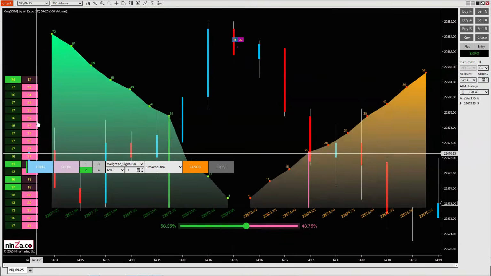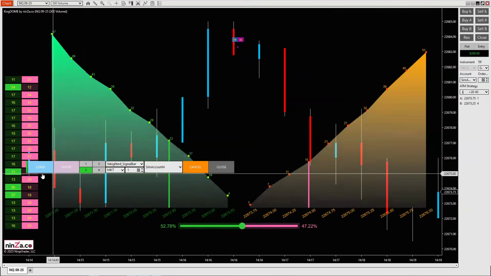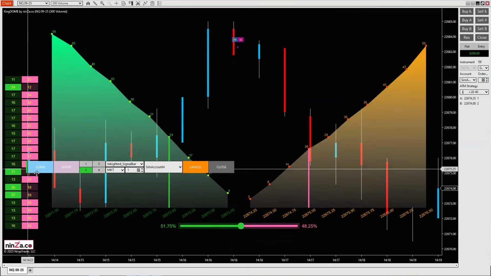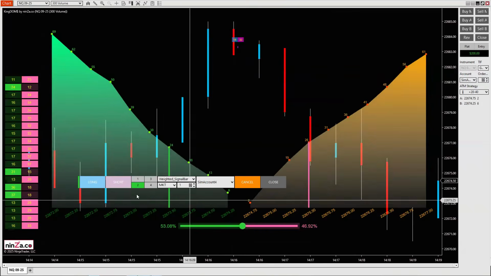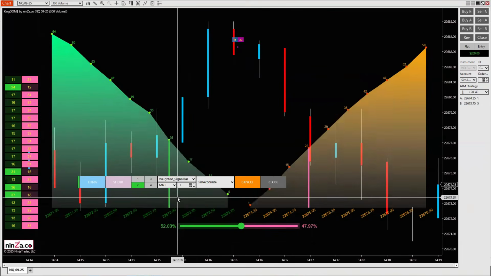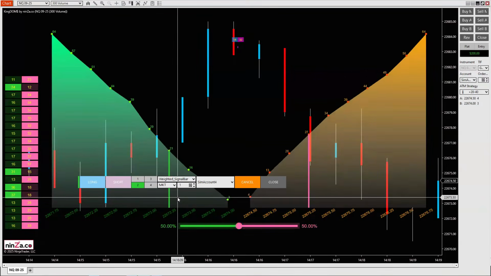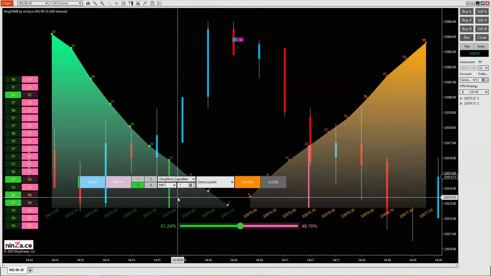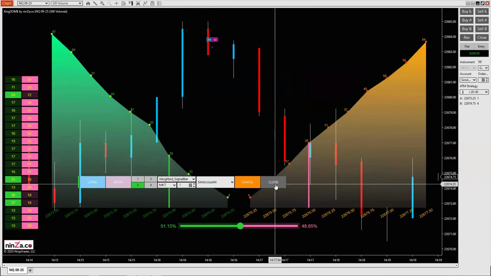So it gives you the full breakdown of the orders. This is the control panel. And here you can enable long, enable short. You can choose how many contracts. You can choose the type of order that you want, whether it's a limit order, a market order, a stop order, whatever. You can, of course, close or cancel an order.